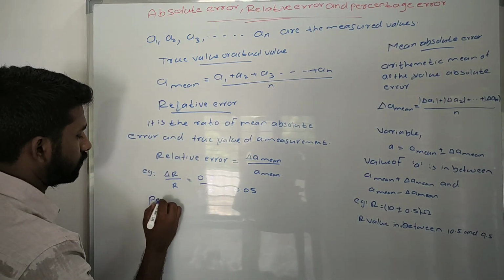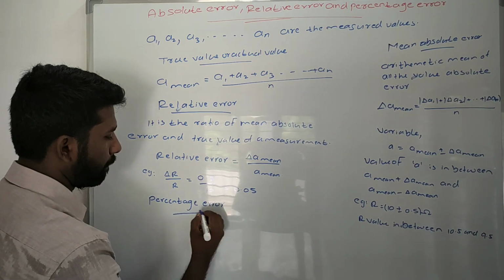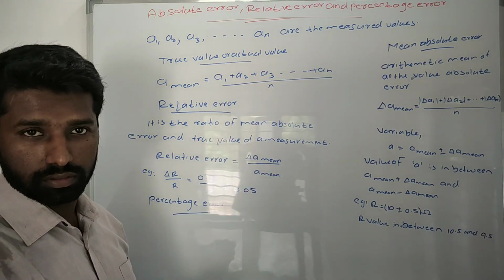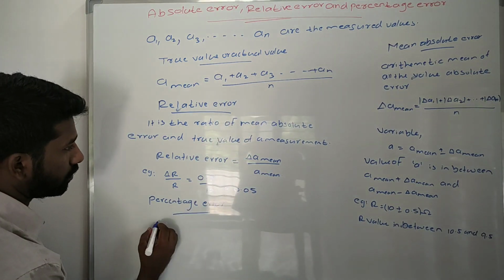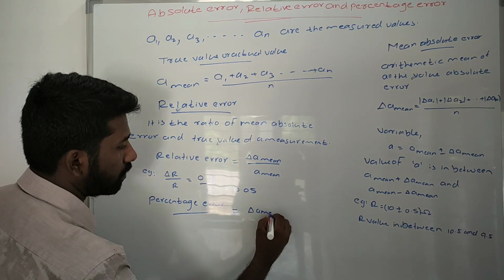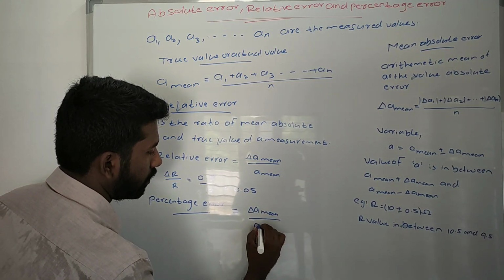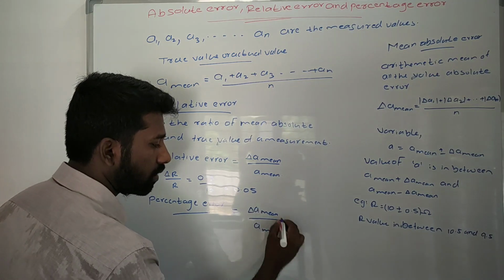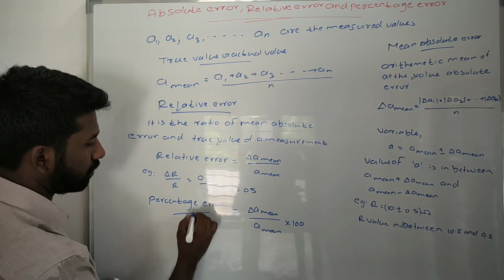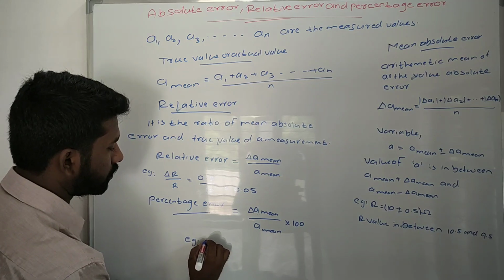Last one. Percentage error is very easy to find out. It is the relative error in percentage. So percentage error is delta A mean divided by A mean, which is the relative value, multiplied by 100. In the same example, we got the relative value, and from that we can find the percentage.